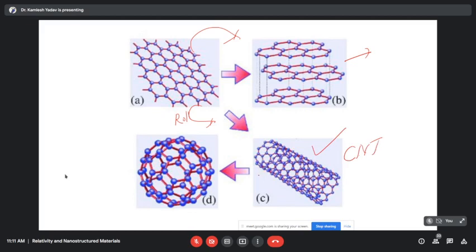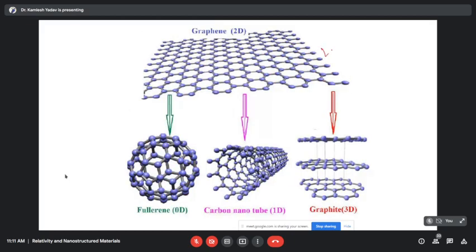And if from this sheet you make a spherical particle-like thing, then this is known as fullerene. Simply, using carbon we can make other forms of carbon in the form of graphene, carbon nanotube, or fullerenes. This is graphene, a two-dimensional single layer of graphite, and from this you can obtain a spherical sheet.